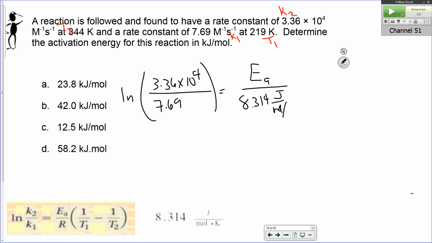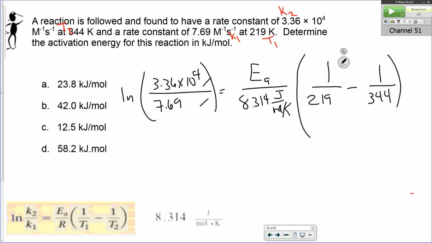And it doesn't matter what the units of K are, because whatever they are, they're canceling out. So they're inverse moles, inverse seconds. When you know both of them, they're gone anyway. All right, so now I just got to make sure that I get my temperatures right. So T1 was first, so inverse of T1 less the inverse of T2, so 344.